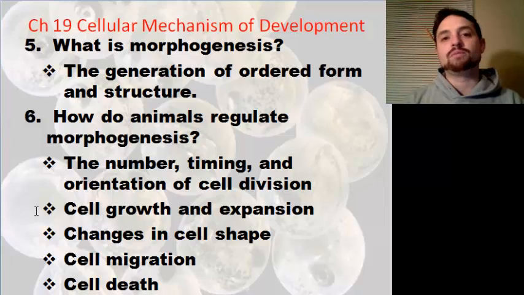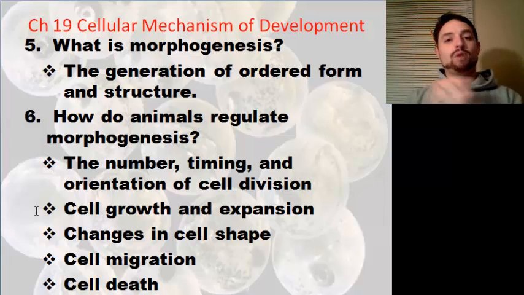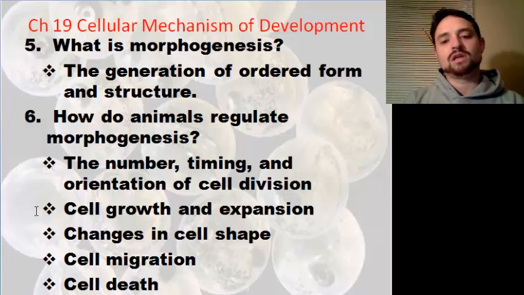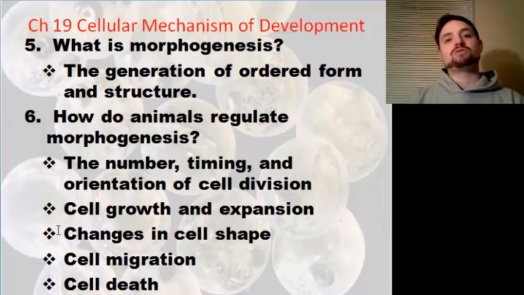Changes in the cell shape. For instance, your bone cells are hardened. Your skin cells give that elasticity. Those muscle cells work together to cause that pumping action. That's all changes in cell shape. Cell migration, where the cells are going to move as the organism develops. And then cell death.